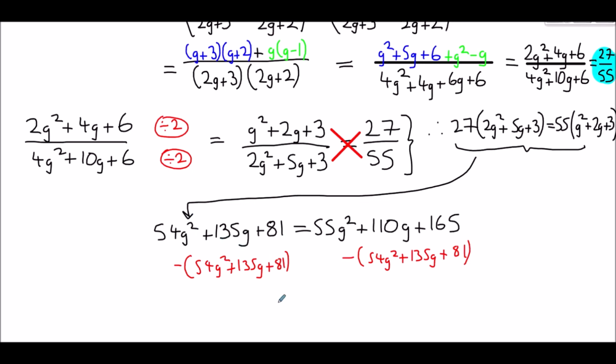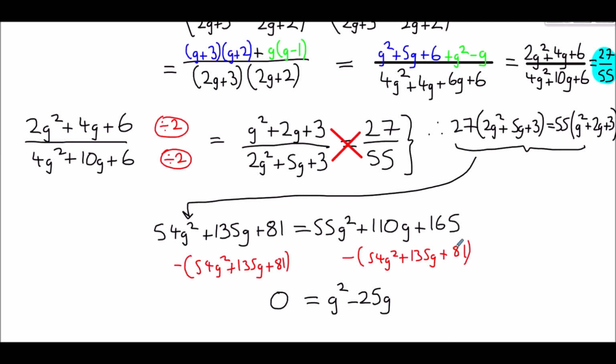So, like I say, take away everything from this side, that leaves us with 0. Over here, 55g squared minus 54g squared just leaves us with 1g squared. 110g minus 135g, that leaves us with minus 25g.